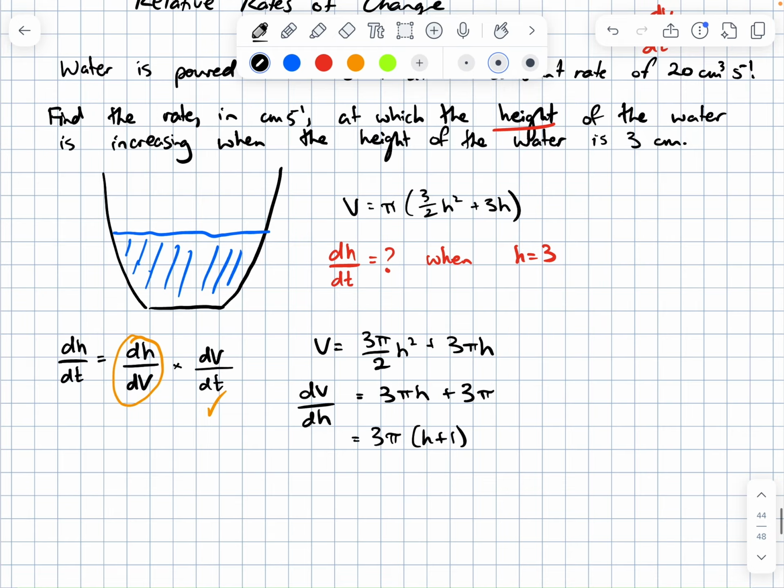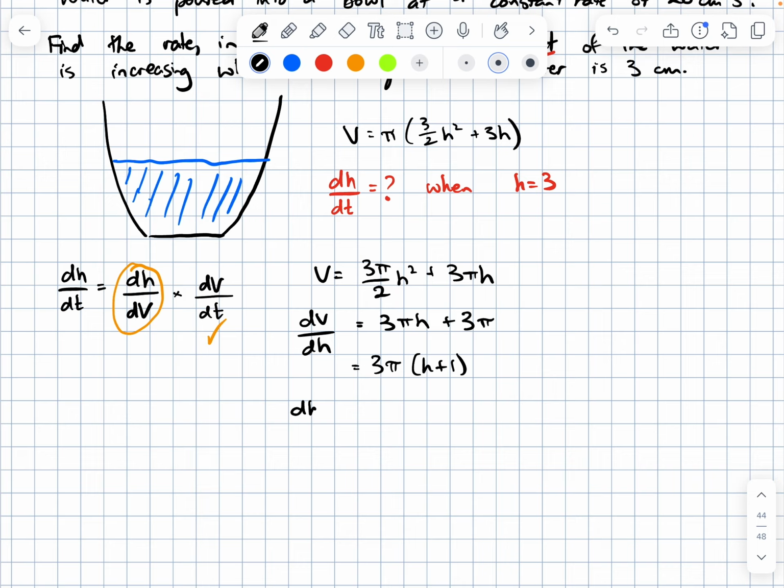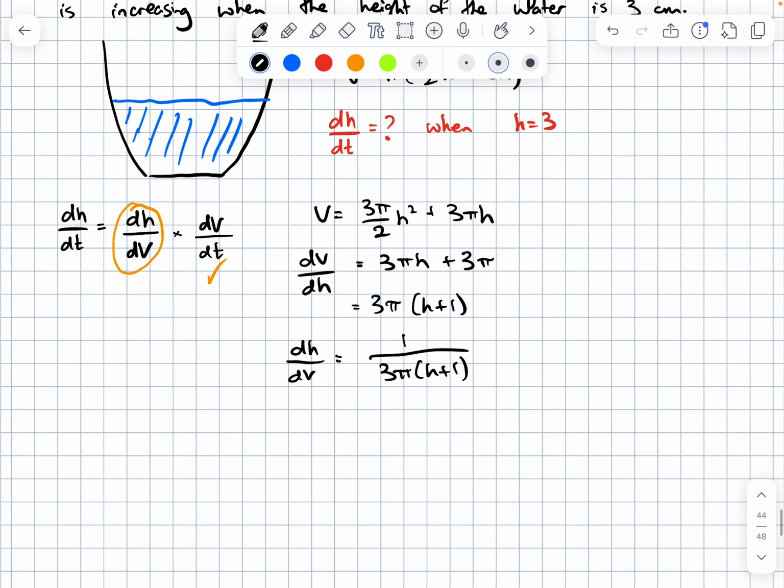Now that's what dV dH is, so we want dH dV. That will be 1 over that. So it's 1 over 3 pi H plus 1. So now we have an equation for dH dt. That's equal to 1 over 3 pi times H plus 1 times by, and we're told dV dt is a constant 20.